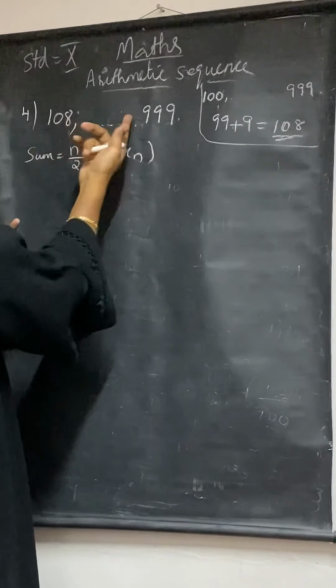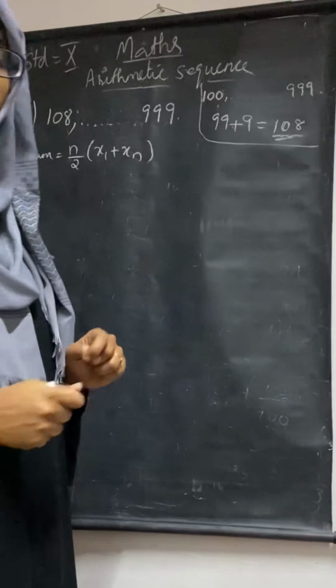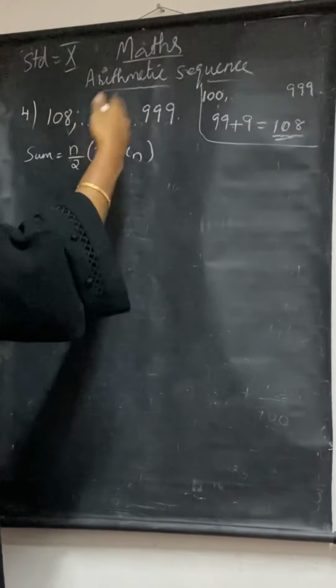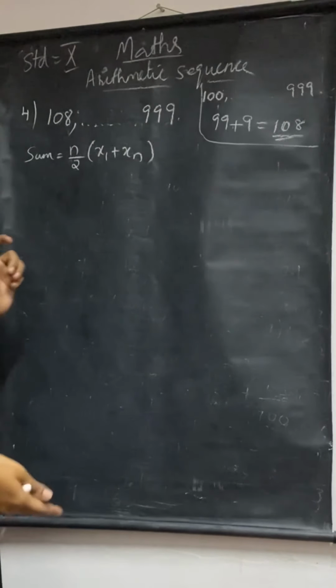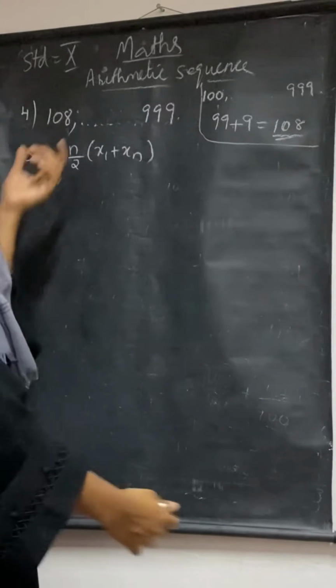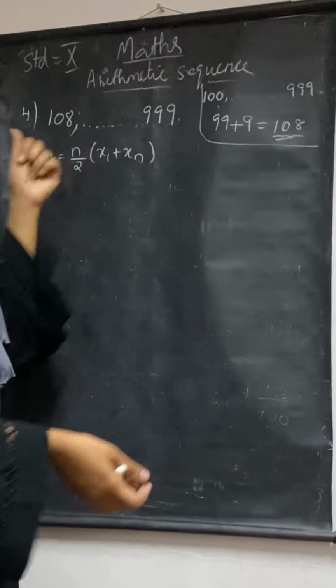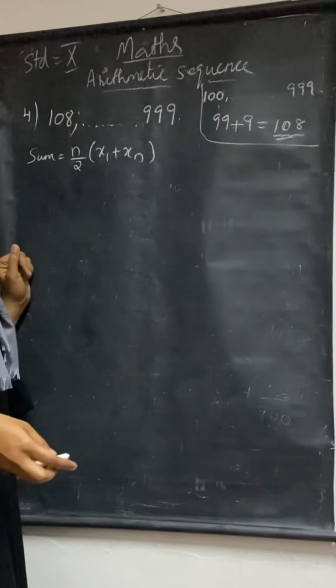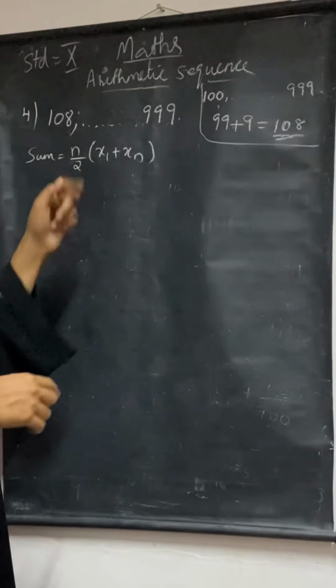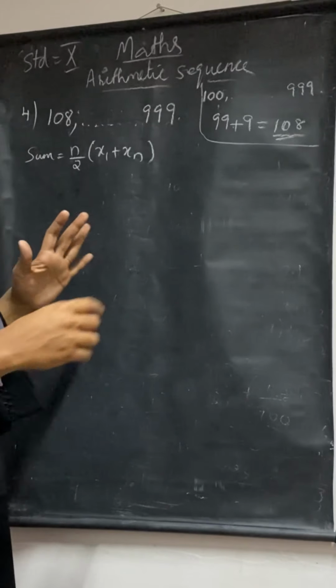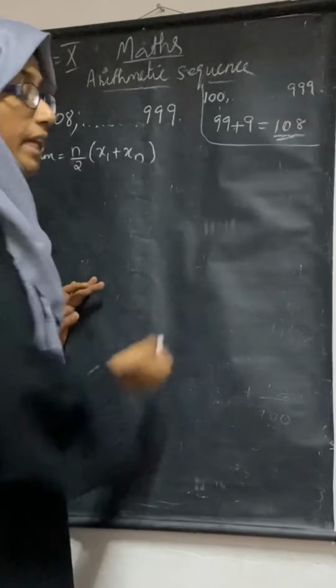Do you know how many terms are there? We don't know. We cannot count by writing each and every one. That is difficult because it is too large. So n, the number of terms, we don't know, so we have to find that out. Previously we studied one formula for checking a number.